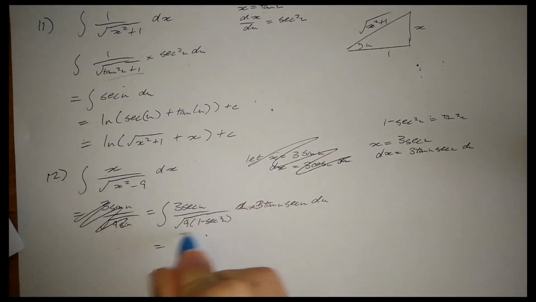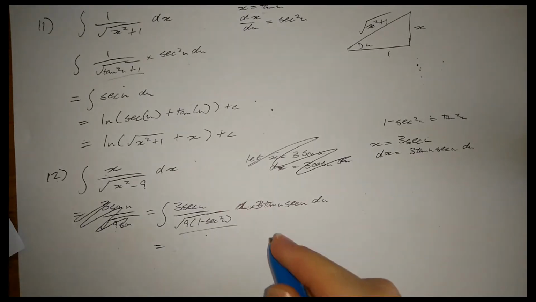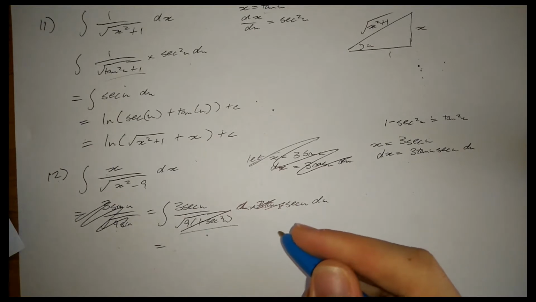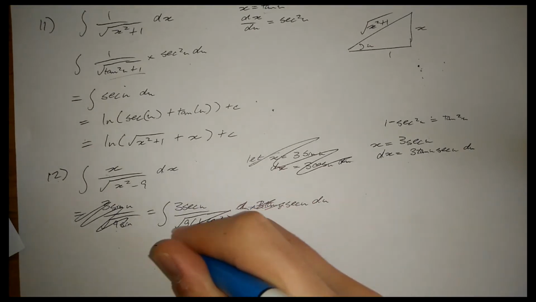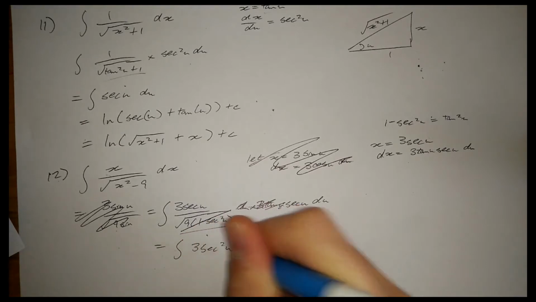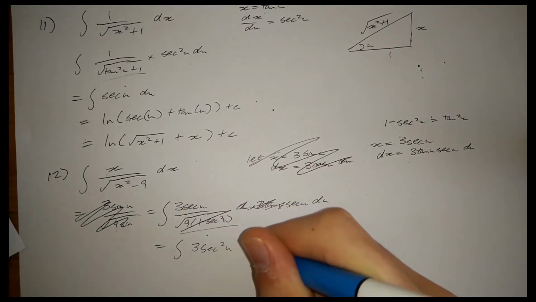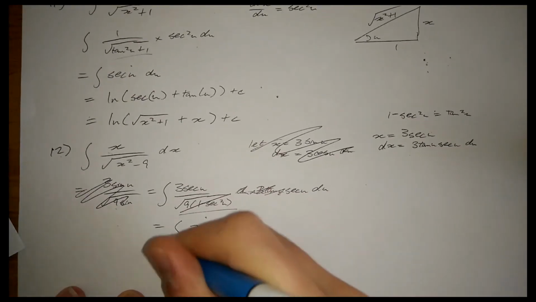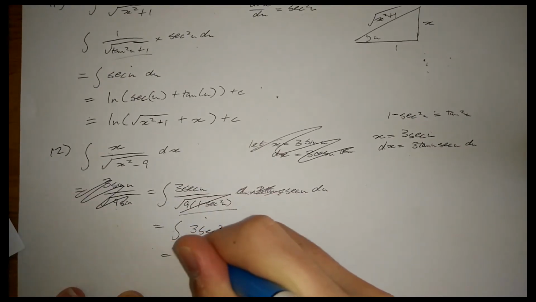So that would simplify down to 3 tan u. So that and that would cancel off, and you'd end up with the integral of 3 sec u du. Well, since the derivative of tan u is sec squared u, that simplifies down to 3 tan u.